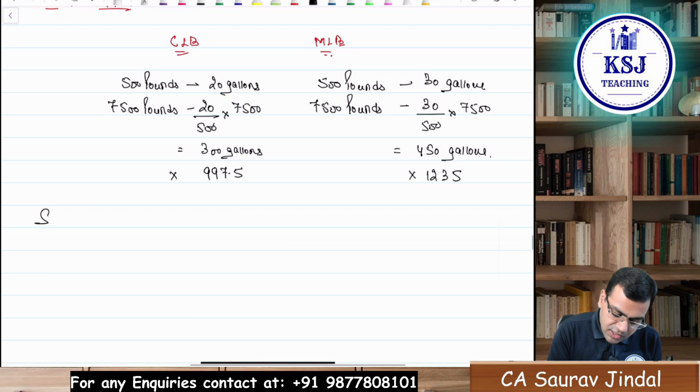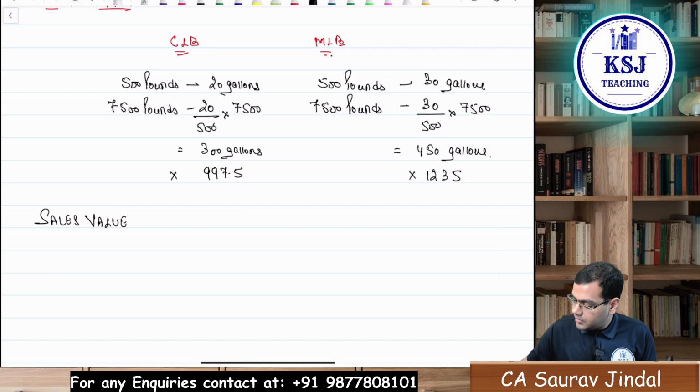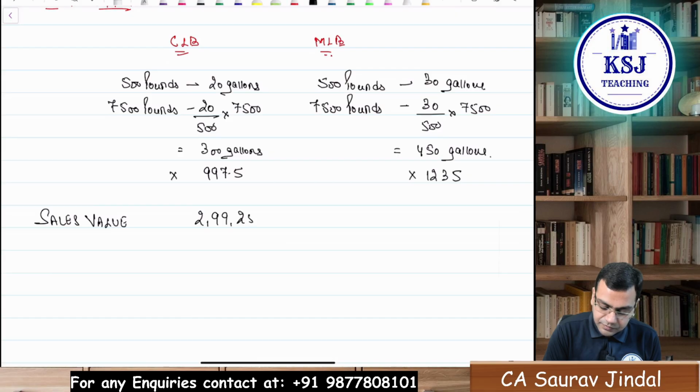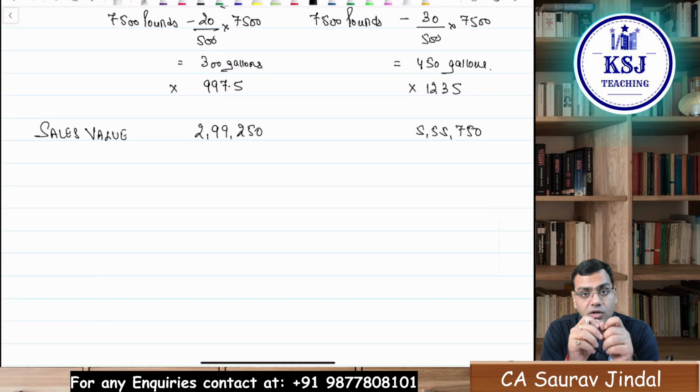So what sales value will you get? That will be 300 multiplied by 997.5, which comes to 2,99,250. And 450 multiplied by 1235 comes to 5,55,750.